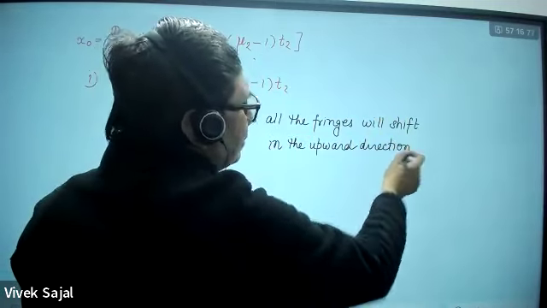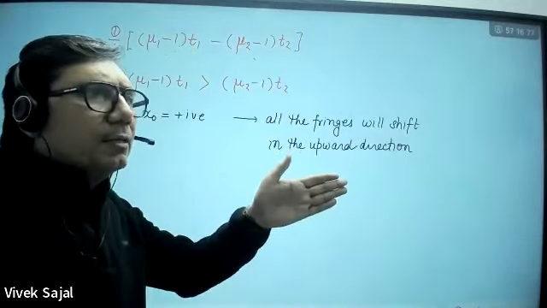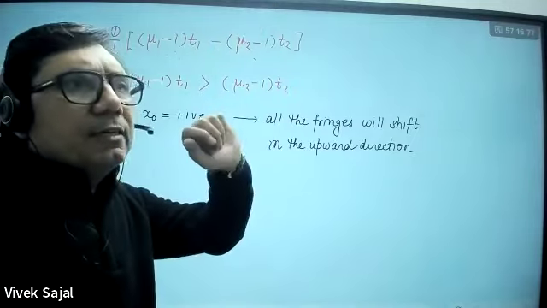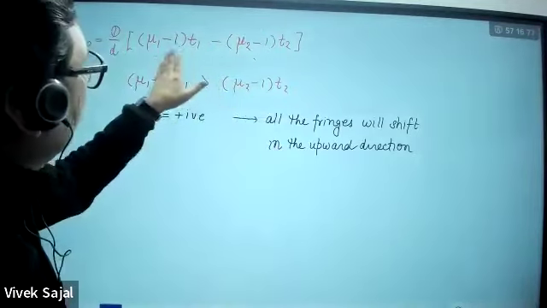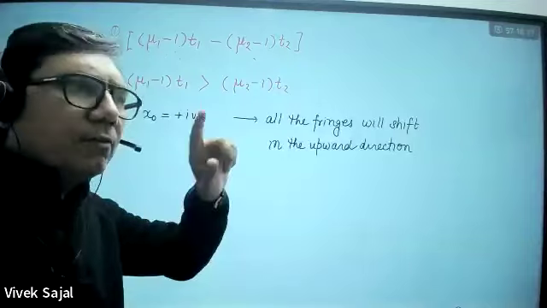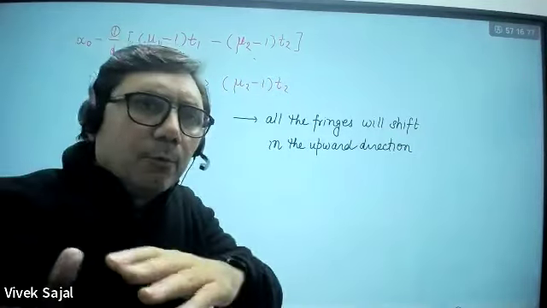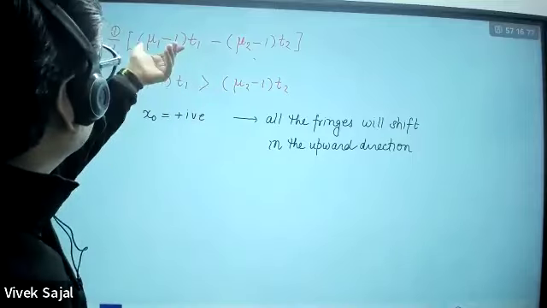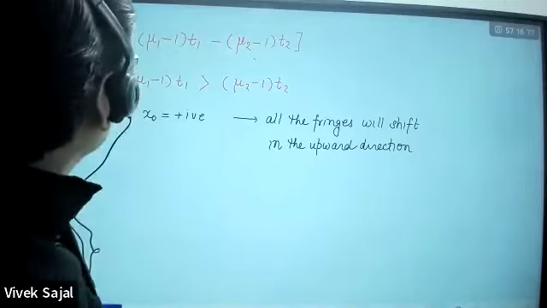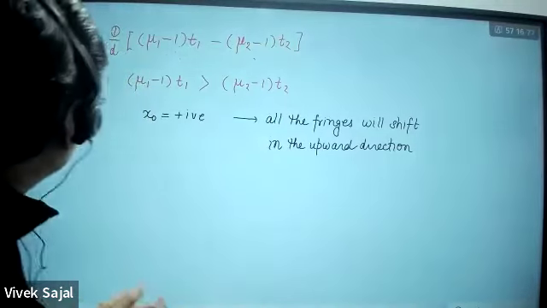This is very similar to the first case, when you introduced a glass plate in front of S1, and all the fringes were shifted upward. Now here, in front of both the slits you have glass plates, but the first glass plate in front of S1 is introducing more extra path. So automatically this is greater than this, so x naught will be positive, and all the fringes are shifted in the upward direction.